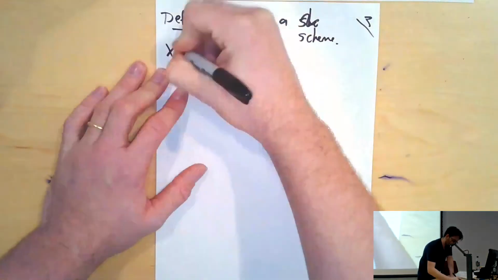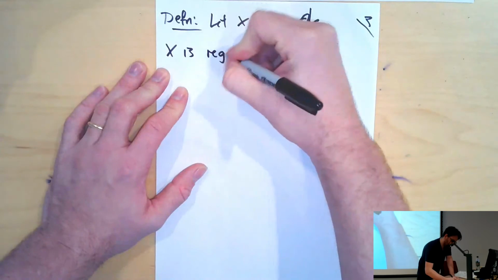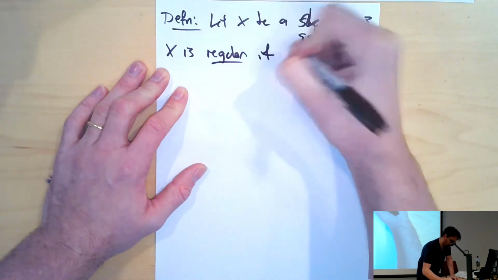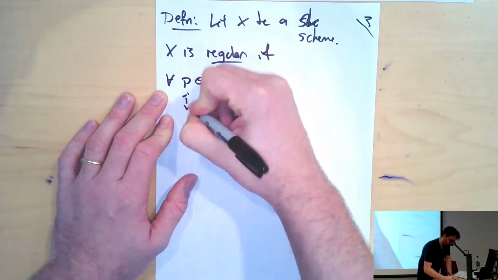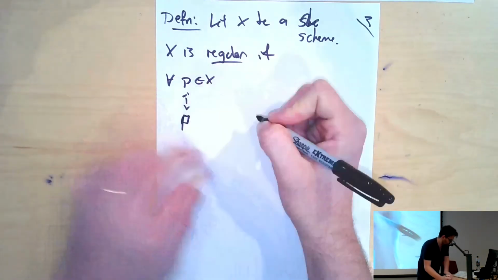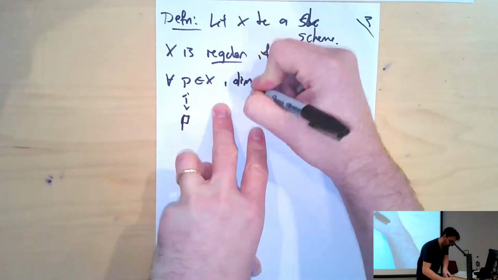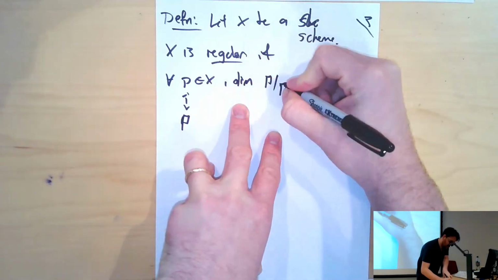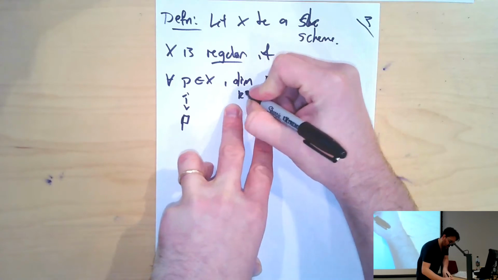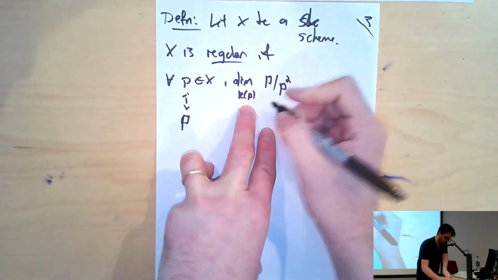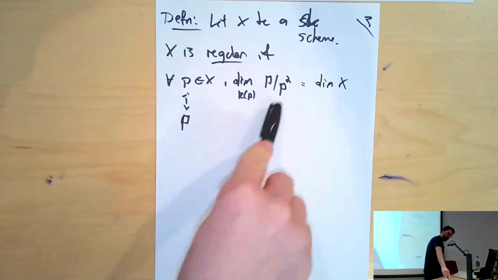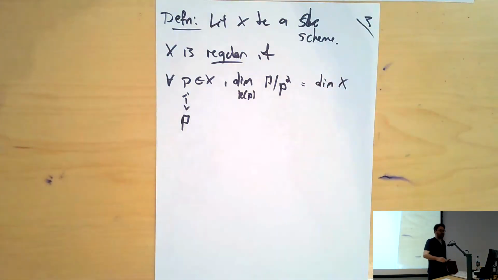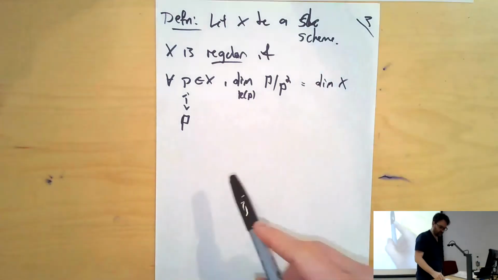And we say X is regular if for every point of X, let's say this corresponds to some ideal P, the dimension of P mod P squared as a K of P vector space, the residue field, is the same as the dimension of X. This is the Zariski tangent space, and this is just saying that the dimension of the tangent space at every point is the same as the dimension of the scheme.